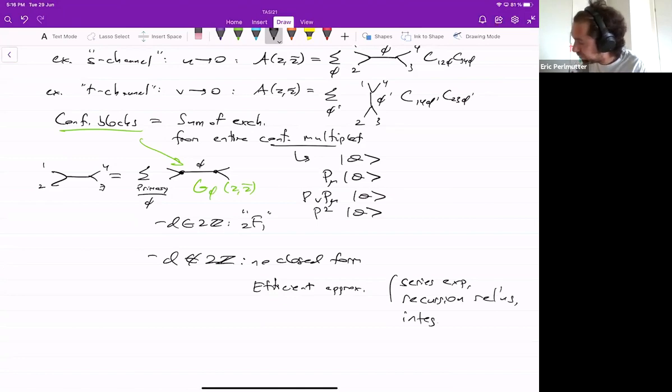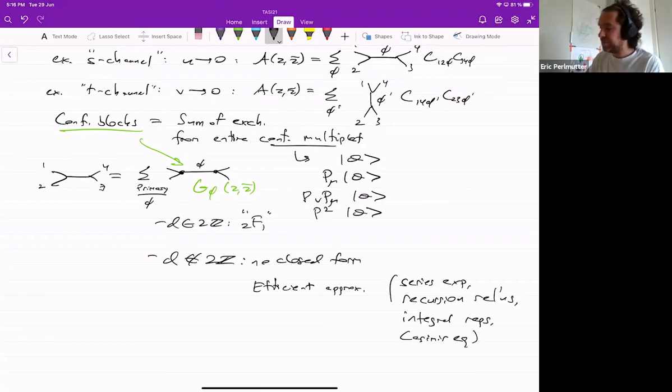There are integral representations, and conformal blocks obey what's known as the conformal Casimir equation, which is a second-order differential equation, which can be derived by noting that every state in the conformal multiplet has the same value of the conformal Casimir by definition of a Casimir, and writing the generators as differential operators, you can turn that fact into a differential equation, which is basically a hypergeometric type in the even dimensional case, but otherwise is just not.